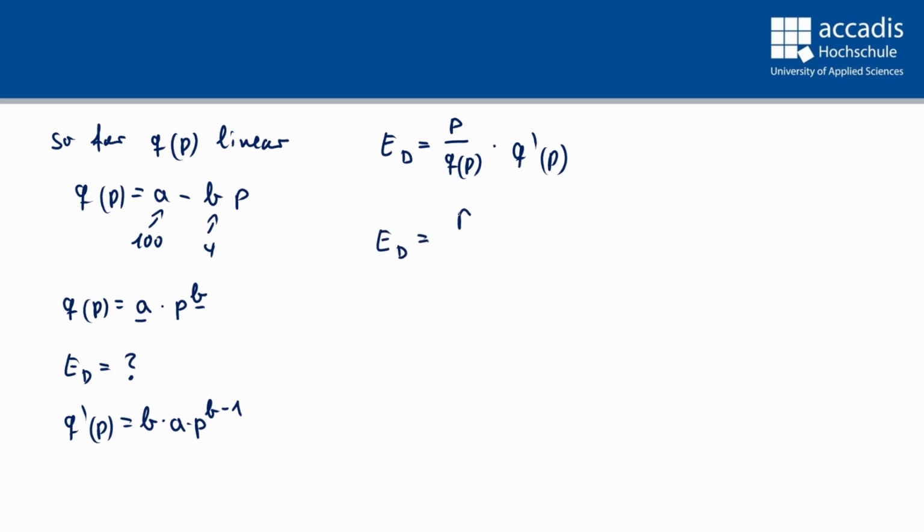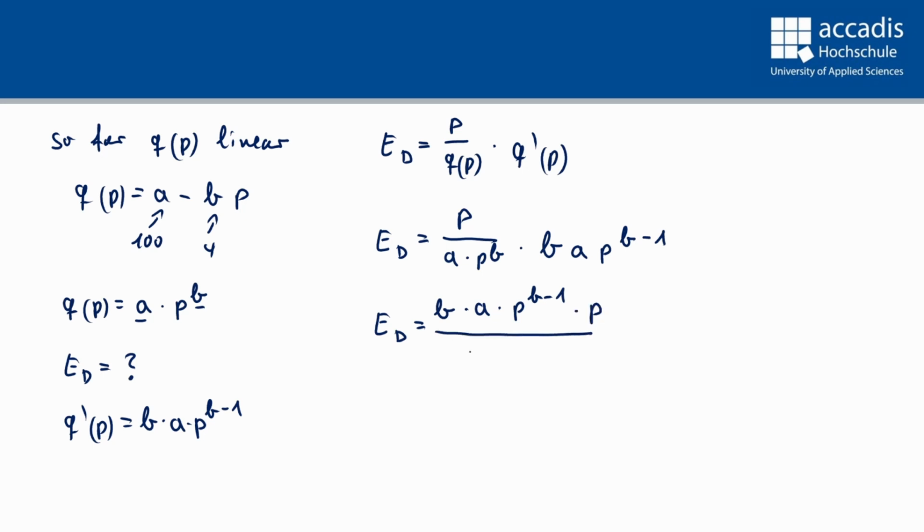We have P over A times P to the power of B, times the derivative, B times A times P to the power of B minus 1. Now, let's simplify this and you will see that something nice is happening. So, we have B times A times P to the power of B minus 1 times P divided by A times P to the power of B.